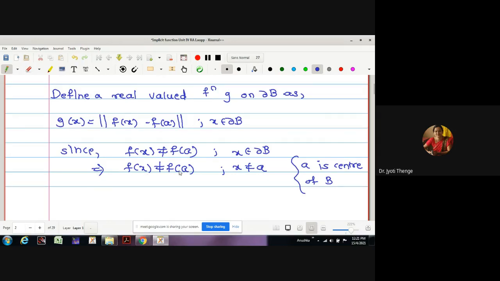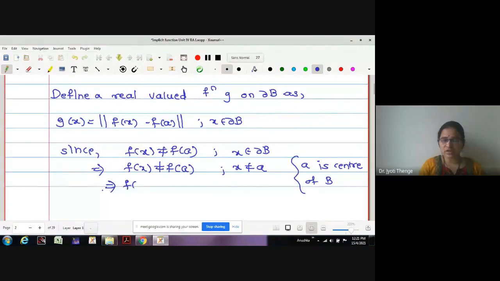Therefore, as f of x is not equal to f of a, and we are considering the norm value, and we know norm is always non-negative, the norm of f of x minus f of a is not equal to 0. It may take some non-zero vector, and what is the distance of a non-zero vector from the origin?